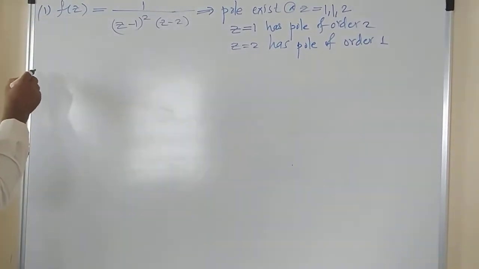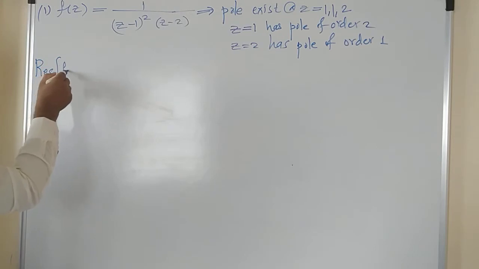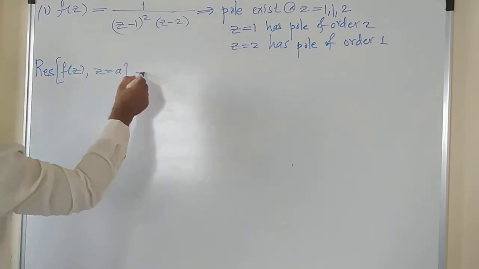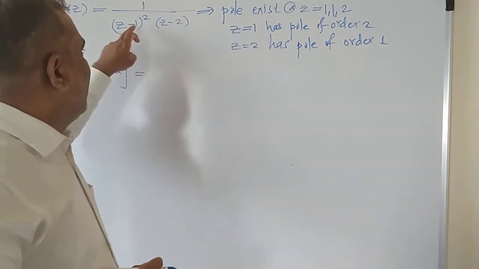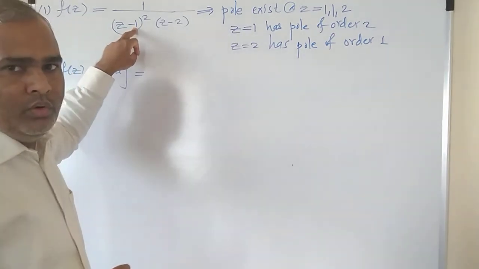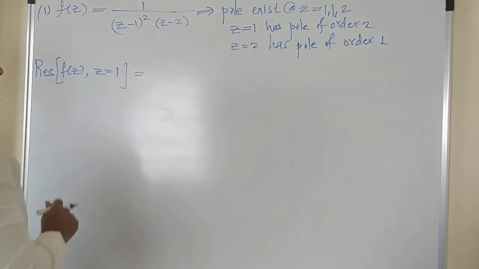Got it? So therefore I can use the formula, the residue of the function f of z at z is equals to a. What is the value of a now? Let's first calculate the residue at z is equals to 1. So the value of a is 1 here, right?